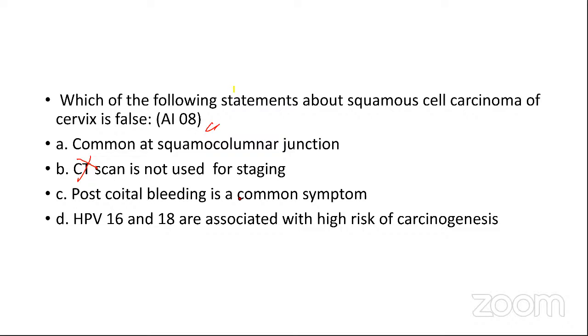And postcoital bleeding is not a common symptom but a specific symptom. It is common at the squamocolumnar junction is absolutely correct. HPV 18 and 16 are associated with high risk of carcinogenesis is also correct. So B is wrong.